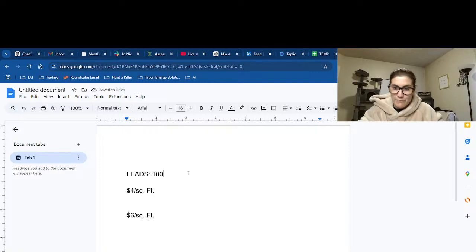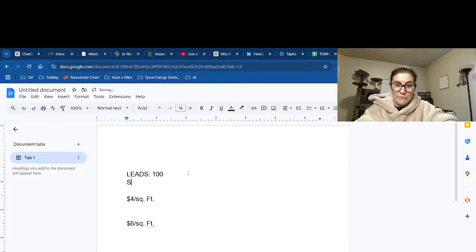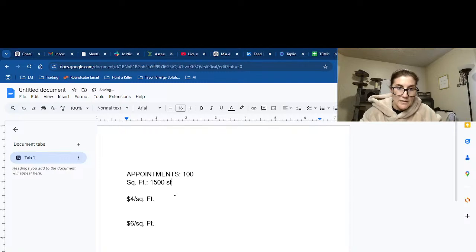For the sake of this illustration, let's say these are appointments, and the square footage of the home on average is 1,500 square feet.